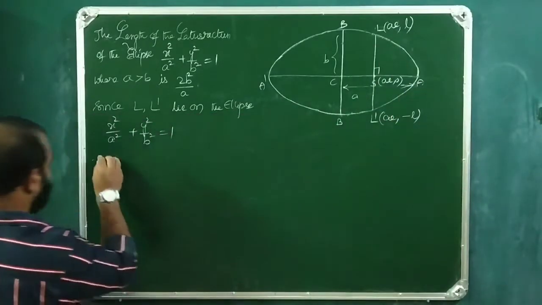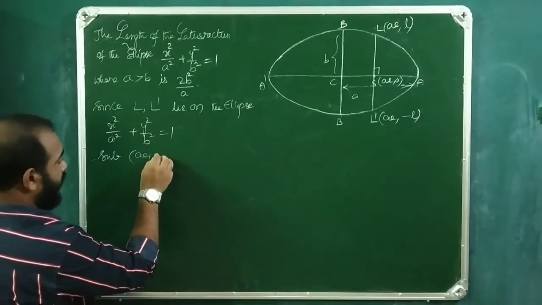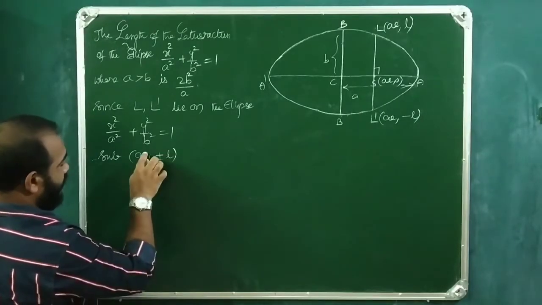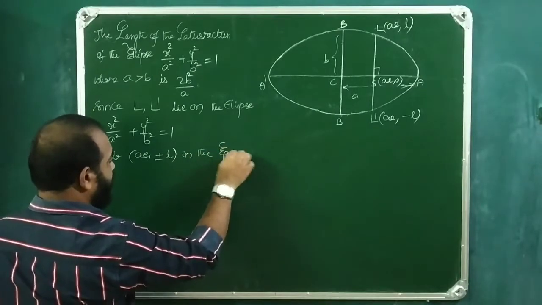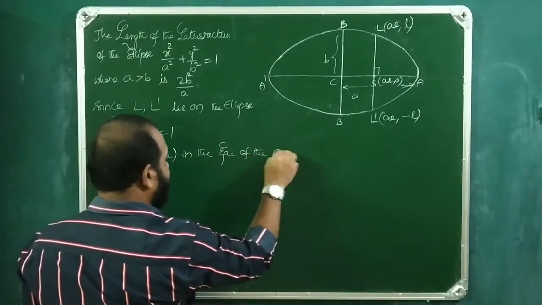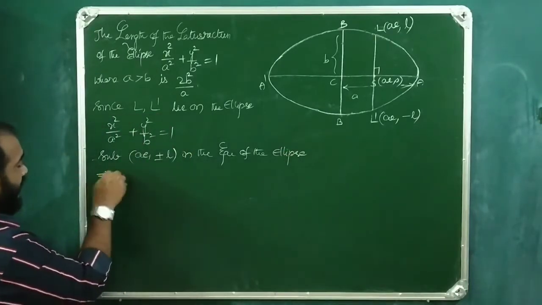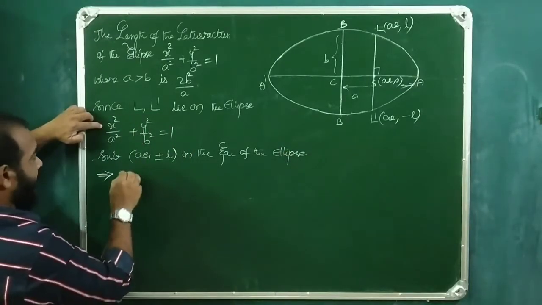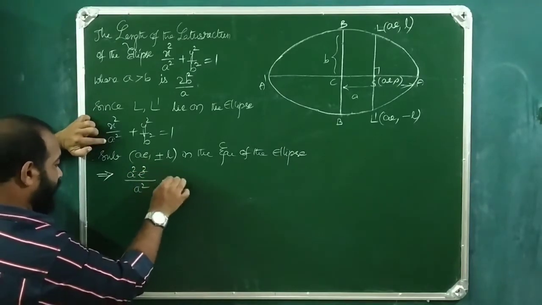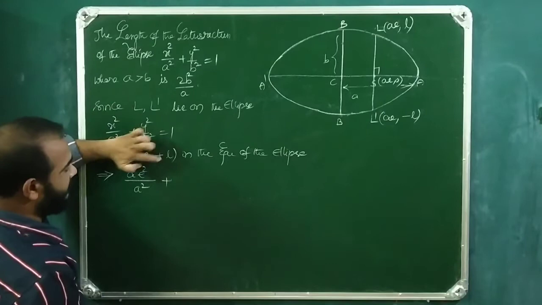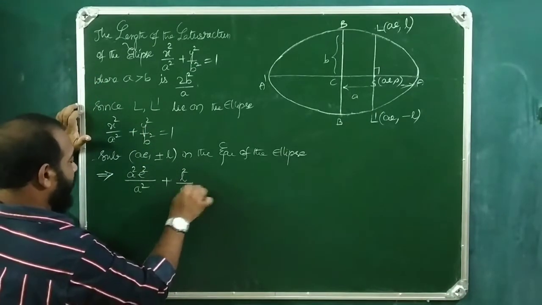Substituting AE comma plus or minus L in the equation of the ellipse, x square is AE whole square, so a square e square by a square plus y is plus or minus L whole square, this is L square by b square, equals 1.